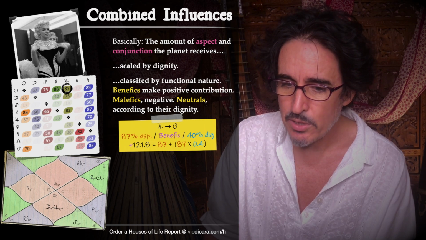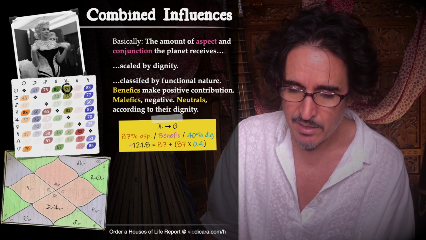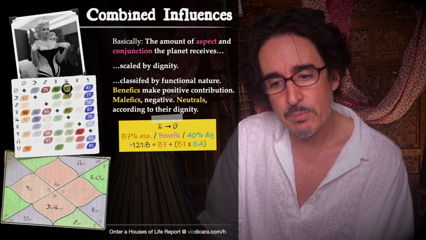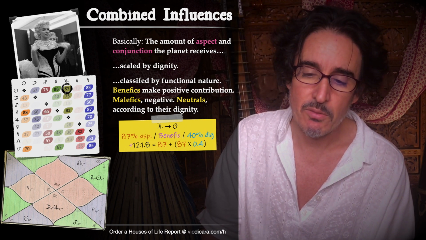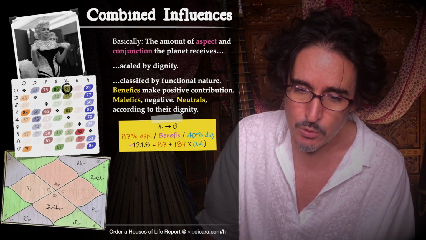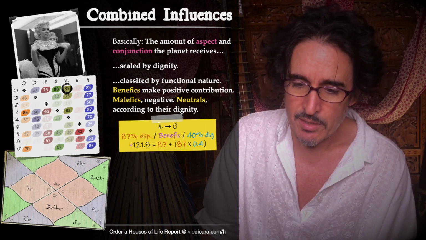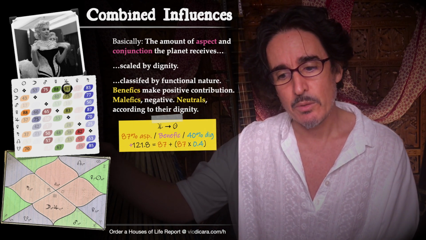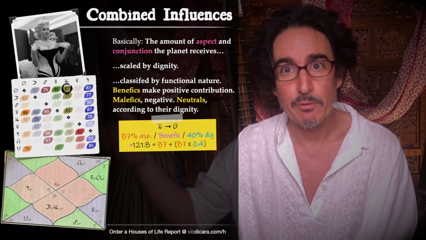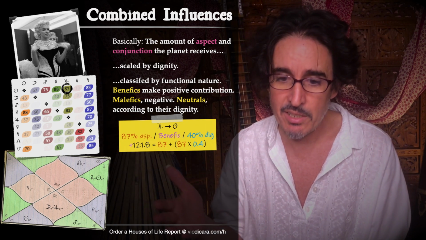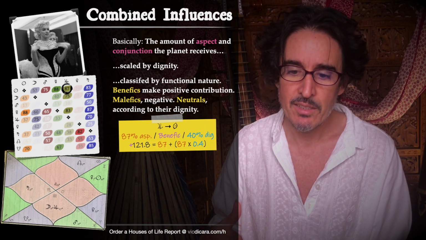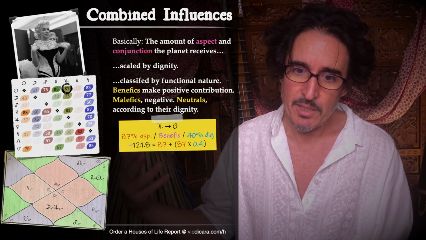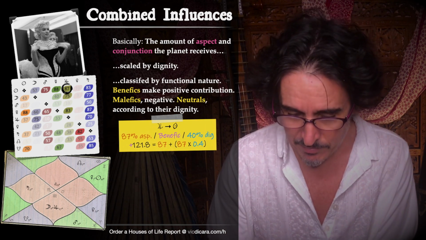And it has 40% dignity because it's in the house of a friend. So 87% is the basis of how Jupiter is going to influence the sun. And then you scale that by dignity, which means you take 87 times 0.4. You take 40% of 87 and then add it to 87. So you'll get 121.8 positive influence from Jupiter to the sun.